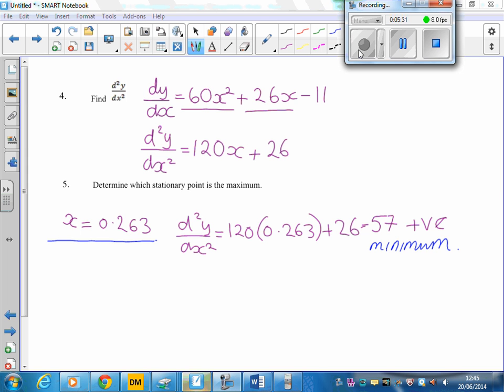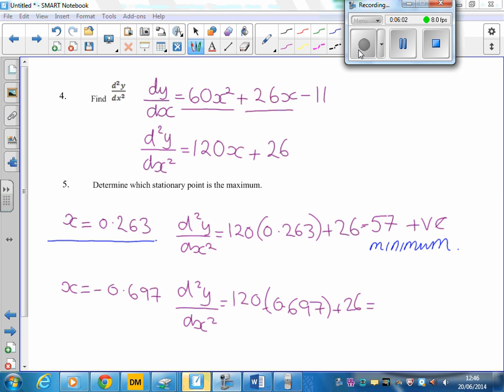I'm going to substitute in the second value, x equals minus 0.697, which I'm now expecting is going to give me a negative value, so I know it's the maximum point. d squared y over dx squared, 120 times minus 0.697 plus 26 gives me minus 57.64.